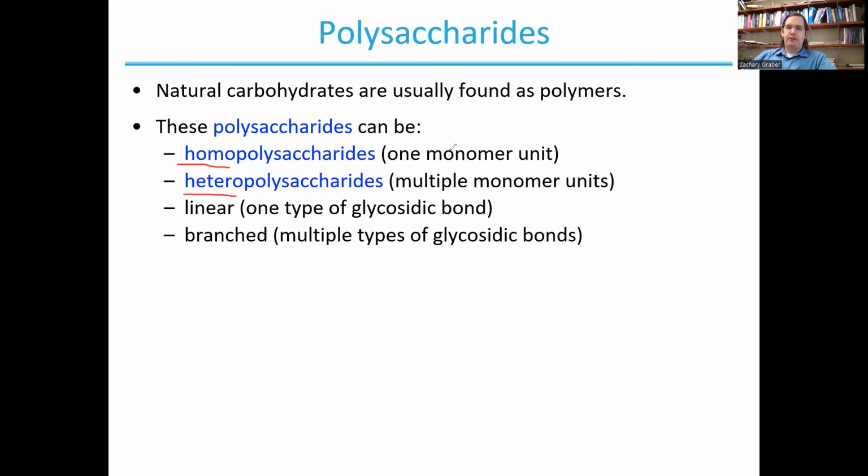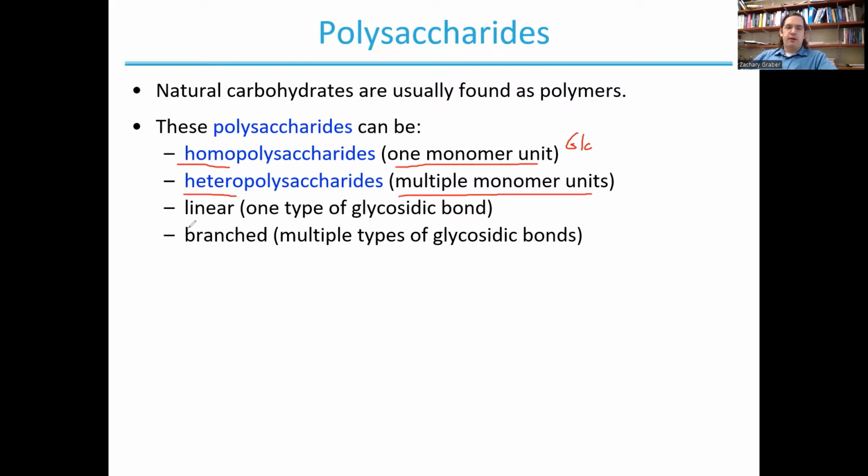A homopolysaccharide would just have one single repeating monomeric unit, whereas a heteropolysaccharide would have multiple different monomeric units, right? So a homopolysaccharide might just have glucose, for example, linked together again and again, whereas a heteropolysaccharide will usually have two different sugars, although it can have even more unique sugars.